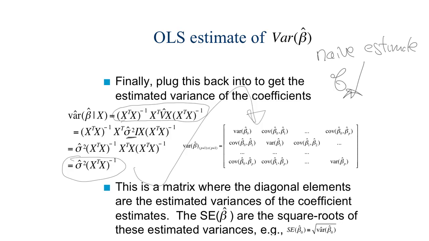The first element will be the variance of the intercept. And I should put hats on these, I'm sorry, they're estimated. And then that's the basic object you use to get your standard errors.